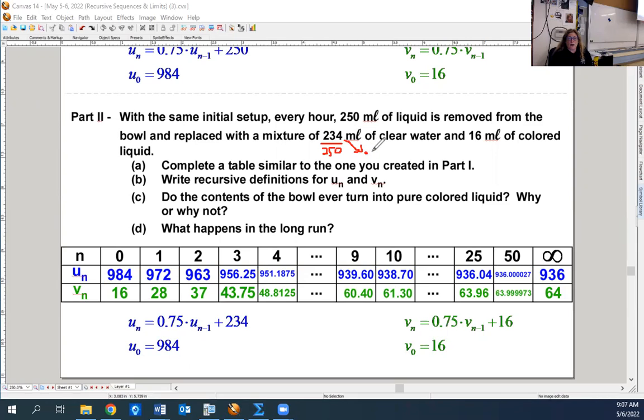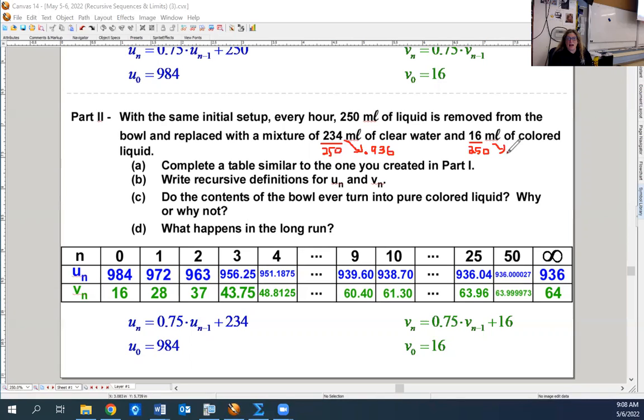Okay, and then how do I figure out where the 64 comes from? Well, what's 16 over 250? That's equal to 0.064, right? Which is 6.4%.